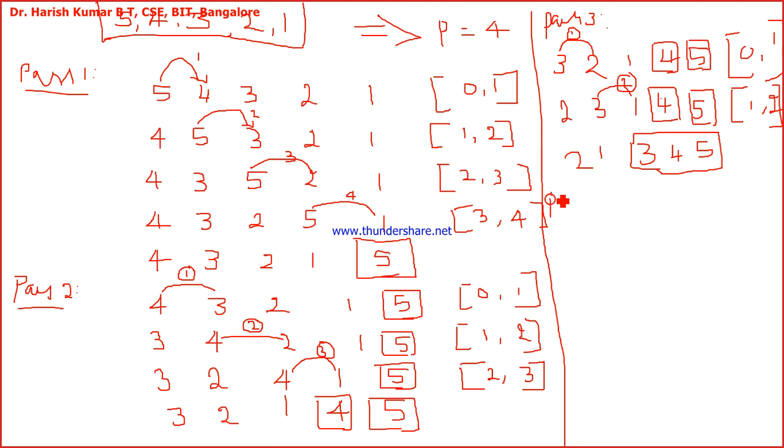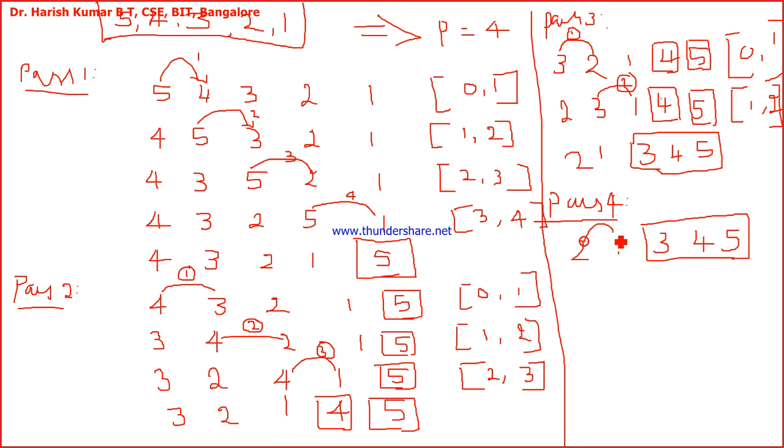Next is the last pass. This is pass 1, pass 2, pass 3, and this is pass 4, the last pass. 2, 1, 3, 4, 5. The same way you have to do it if you are asked to trace the bubble sort logic.